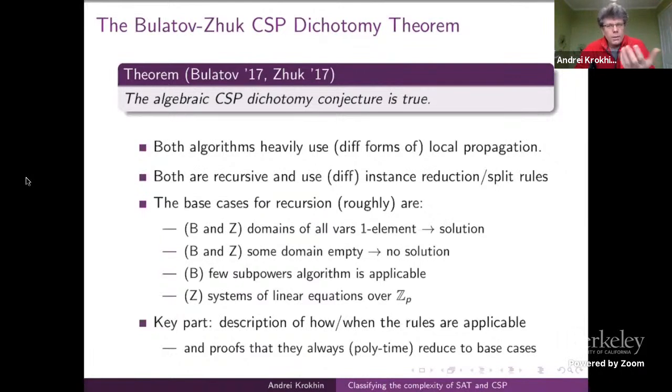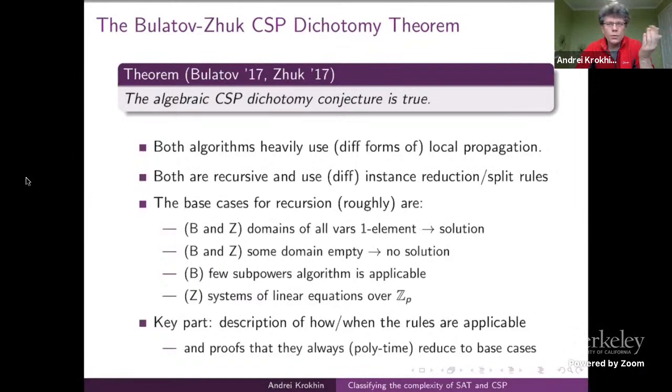These tractable problems are polynomial time solvable because they have some intrinsic mathematical structure. What is this structure? Can we somehow explain it in some very general way? So this was a very strong driving force behind this direction.